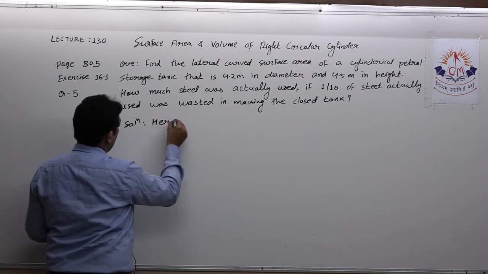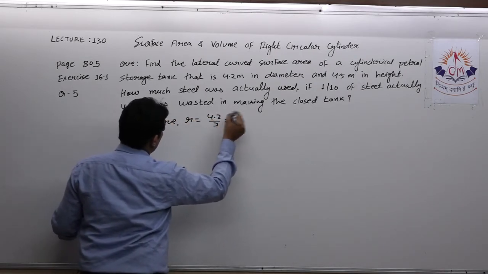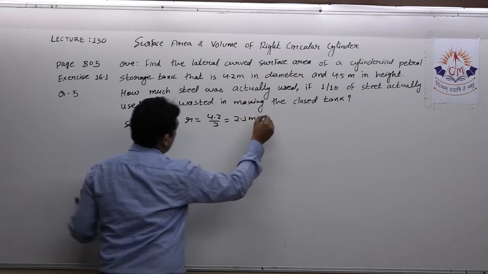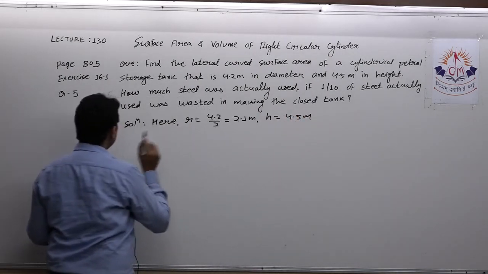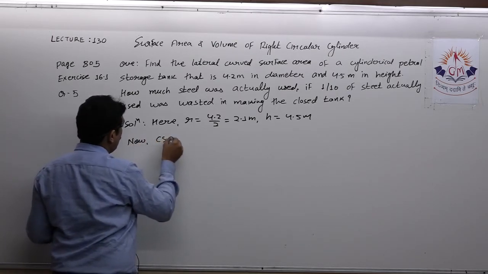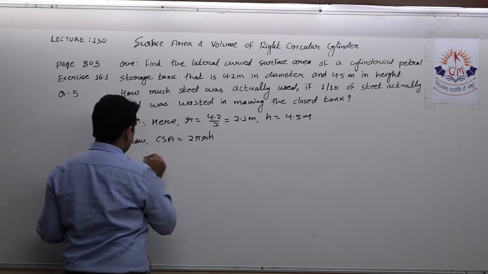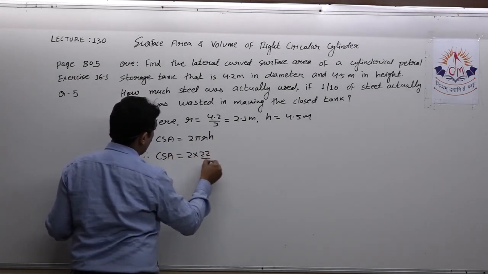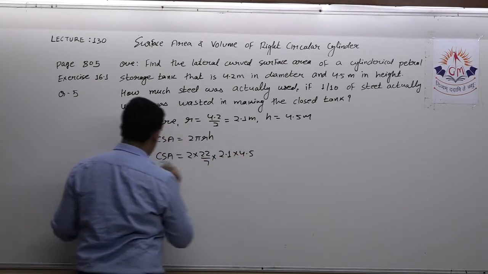So here I can say R is equal to 4.2 by 2, that is 2.1 meter, and H is equal to 4.5 meter. Now simply curved surface area CSA is equal to 2 pi R H. Therefore, CSA is equal to 2 into 22 upon 7 into 2.1 into 4.5.